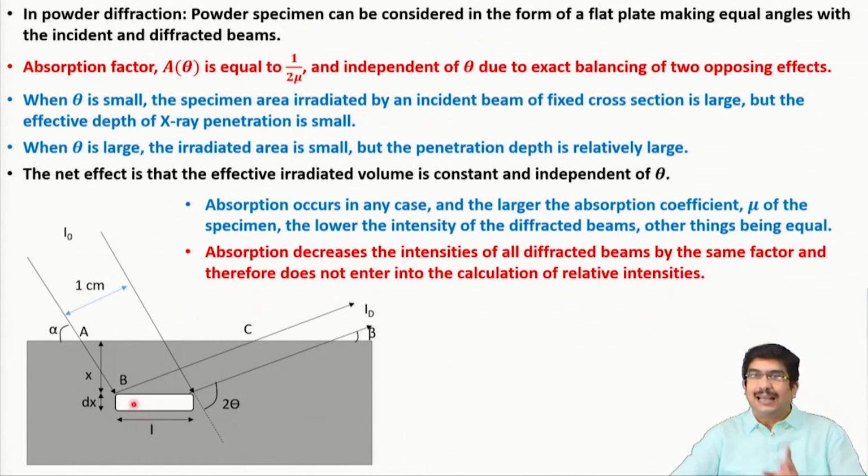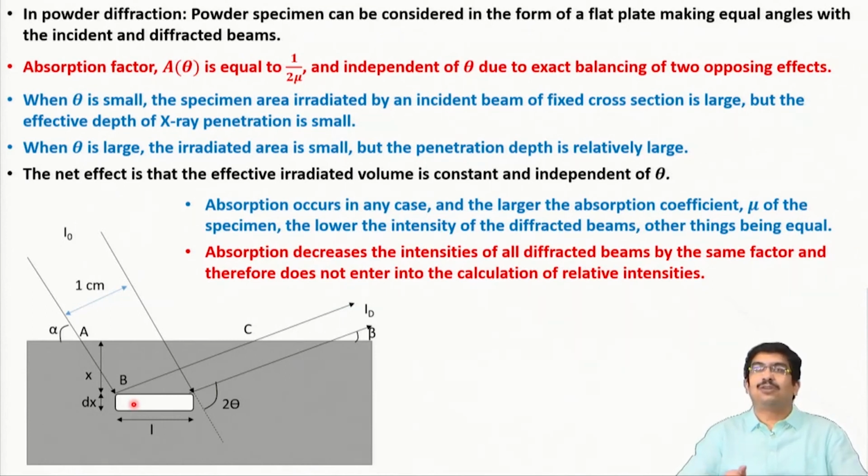Here what happens is that the absorption factor A(theta) is equal to 1 by 2 mu. That means this absorption factor is independent of the theta value in the case of a powder diffraction specimen. In the case of the Debye-Scherrer method, the absorption factor obviously depends on both the linear absorption coefficient as well as the 2 theta. Here, for the powder diffraction method, it fortunately does not depend on the theta value.